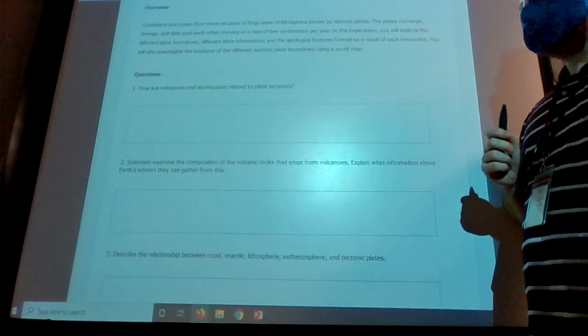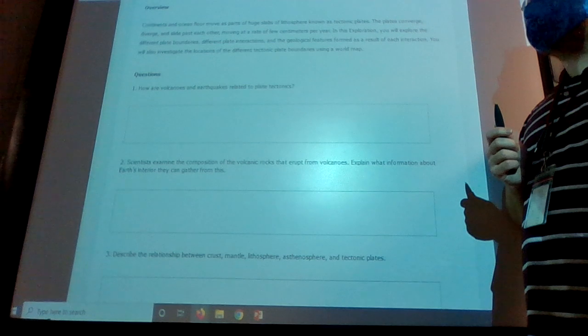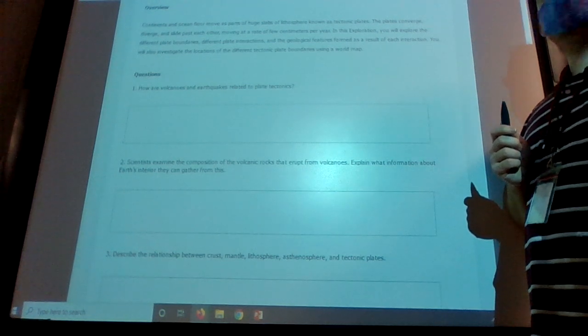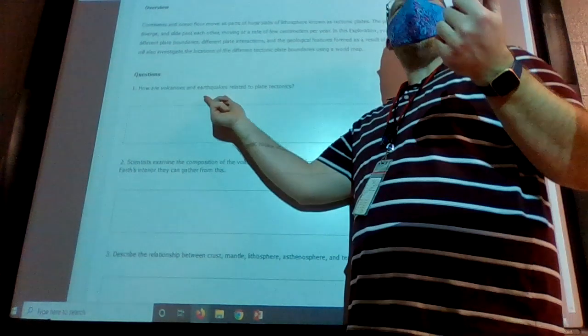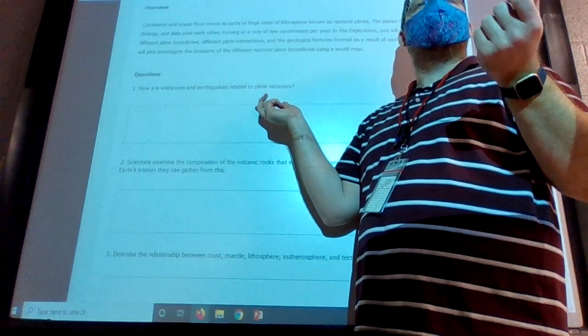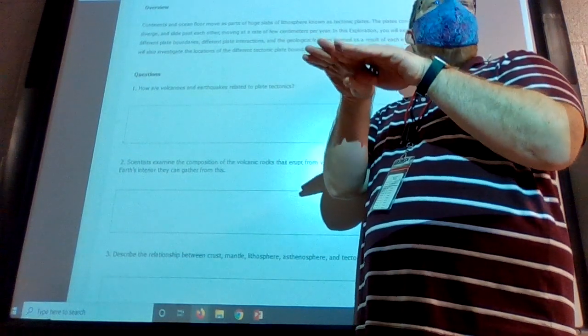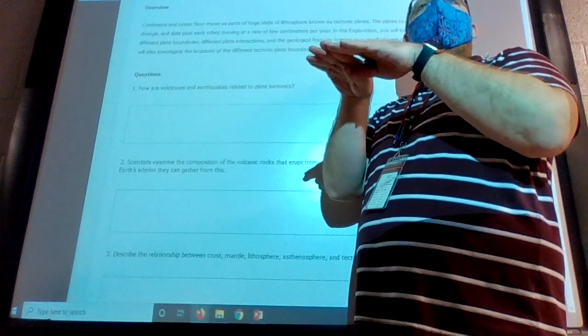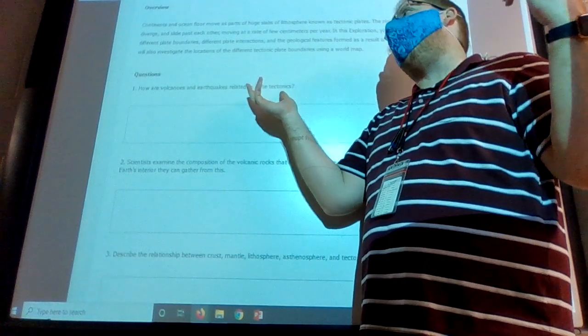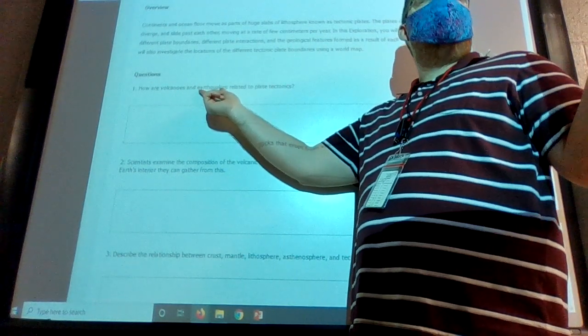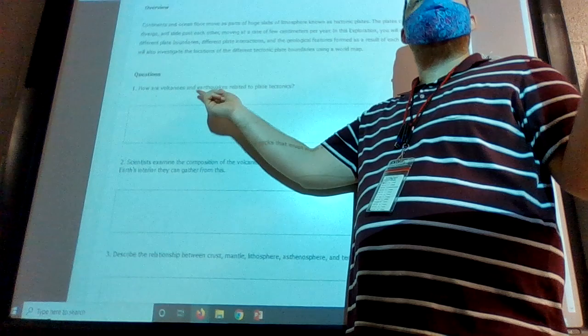So question number 1. How are volcanoes and earthquakes related to plate tectonics? So the earthquakes part is easy. How are earthquakes related to plate tectonics? Yes, so the movement of tectonic plates as they slide past each other or interact in really any way is going to build up the pressure used to create earthquakes.